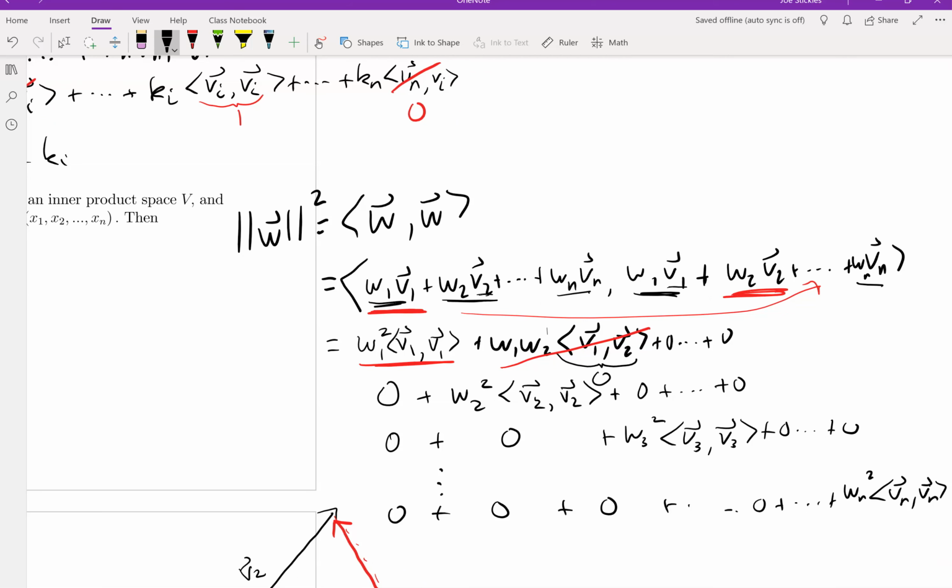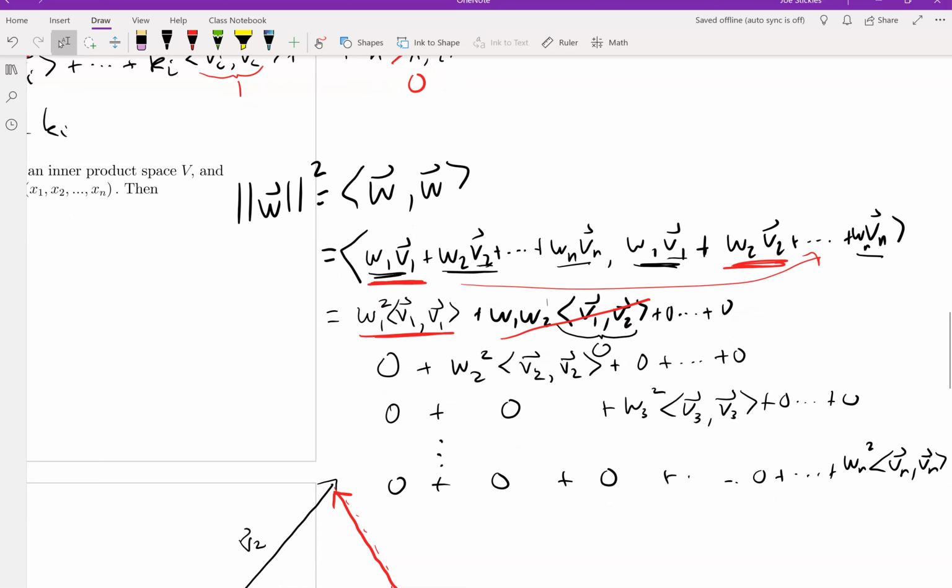So when I write all of that mess out, I wrote it out longhand just to illustrate what was going on, what we're left with is W1 squared inner product of V1 with itself, W2 squared inner product of V2 with itself, all the way to Wn squared inner product of Vn with itself. And that only used the orthogonal piece of the basis, right? We still have the orthonormal piece.